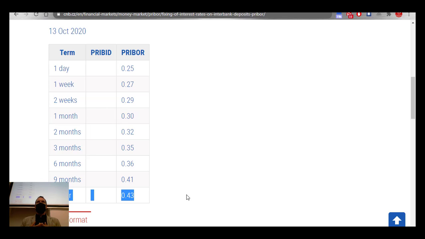So at the beginning of the day and at the end of the day or on some specific dates, central banks run a query to each bank asking how much interest rate they would ask from other banks if they provided loans for these terms. But it doesn't mean that you have to provide this loan at this specific interest rate. So it can be considered only as a benchmark.